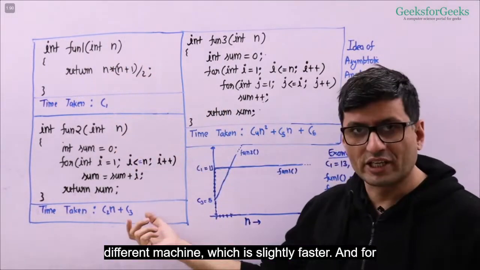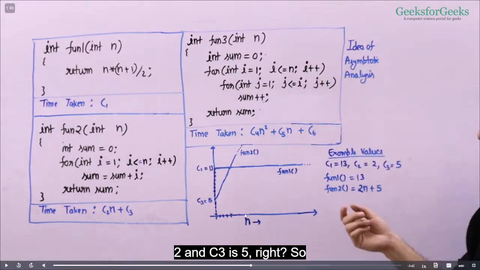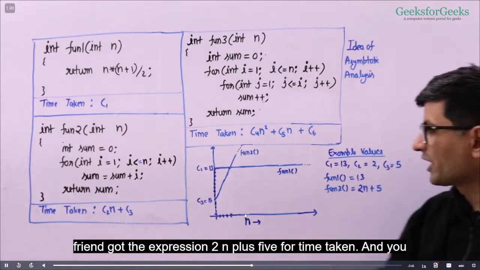Now your friend ran it on a different machine which is slightly faster, and for him say C2 is 2 and C3 is 5. So your friend got the expression 2n plus 5 for time taken, and you have the expression as 13.